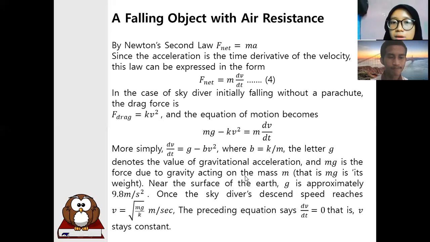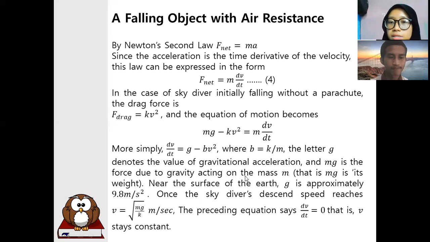Near the surface of the Earth, g is approximately 9.8 meters per second squared.